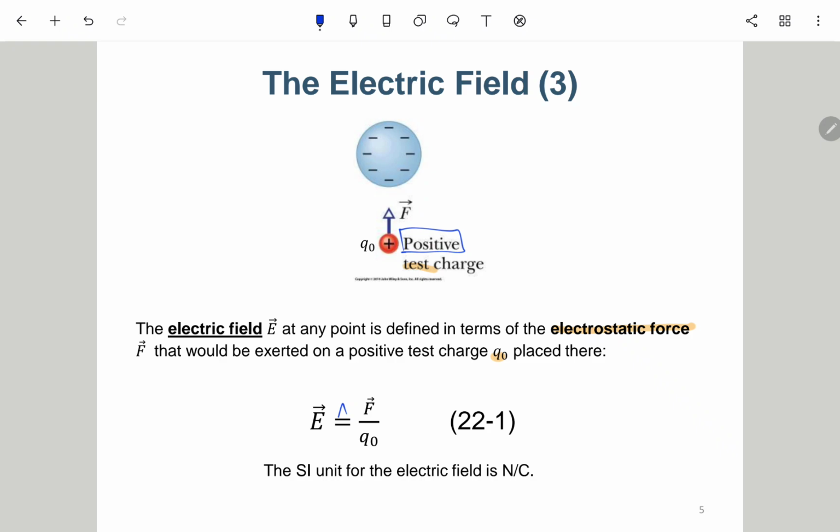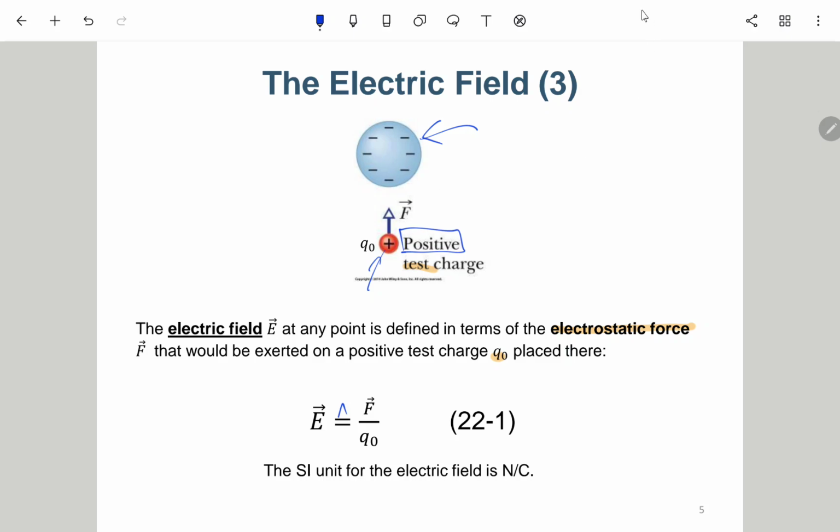So we need to let the test charge be positive, and then if we put a charge at this point, there will be a force acting on it as much as this.